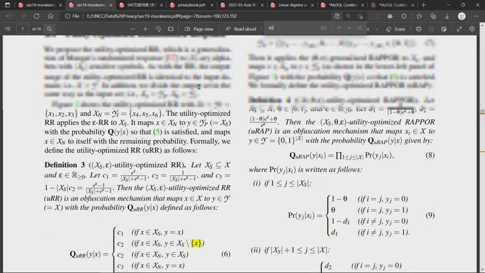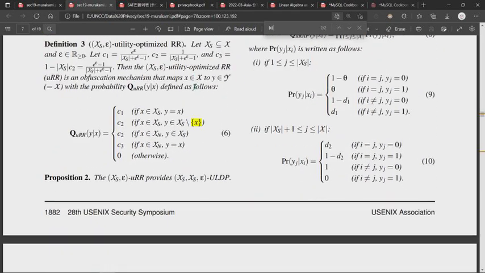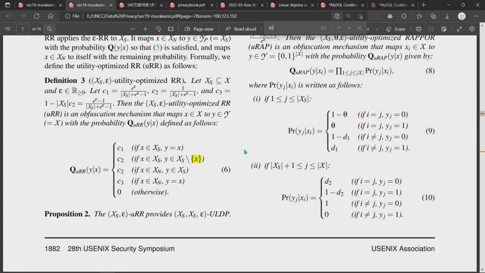So it means it has a high privacy regime, and so X and Y are all in the XS.